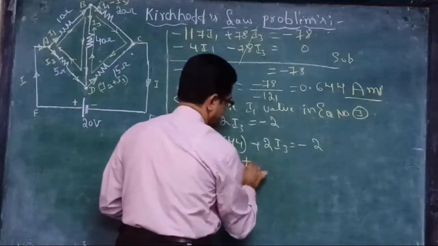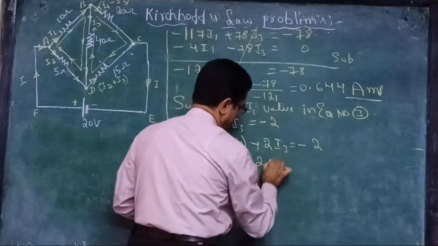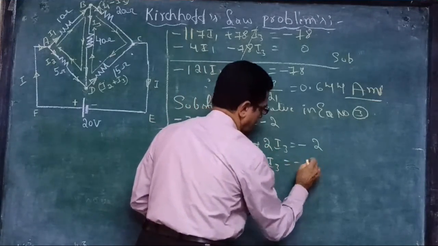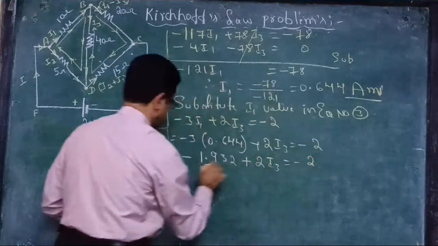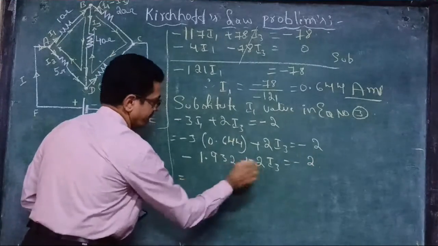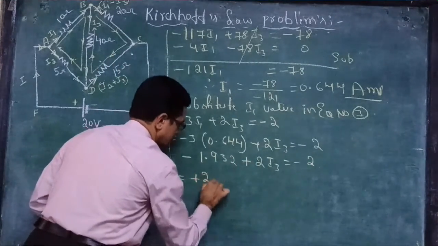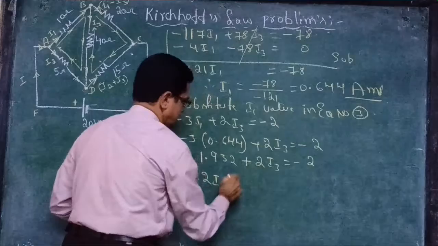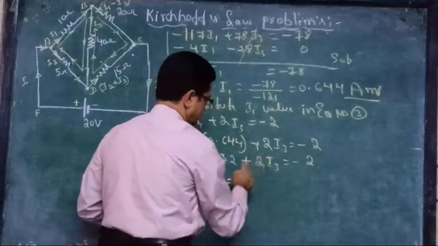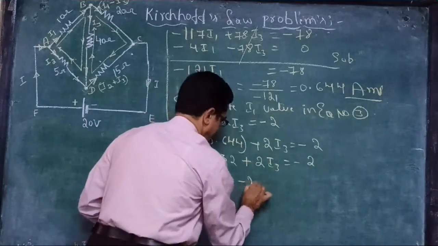Okay, so next here 2 I3 is equal to minus 2.